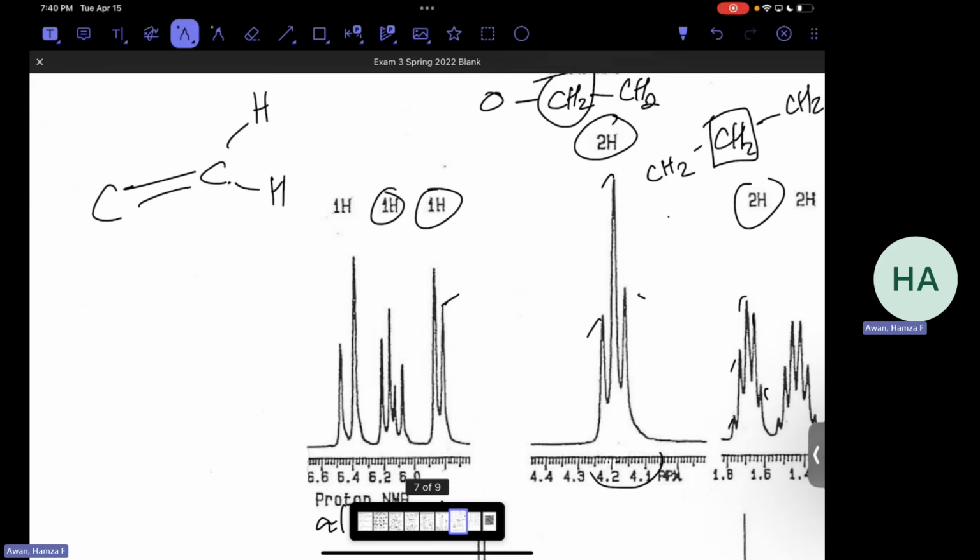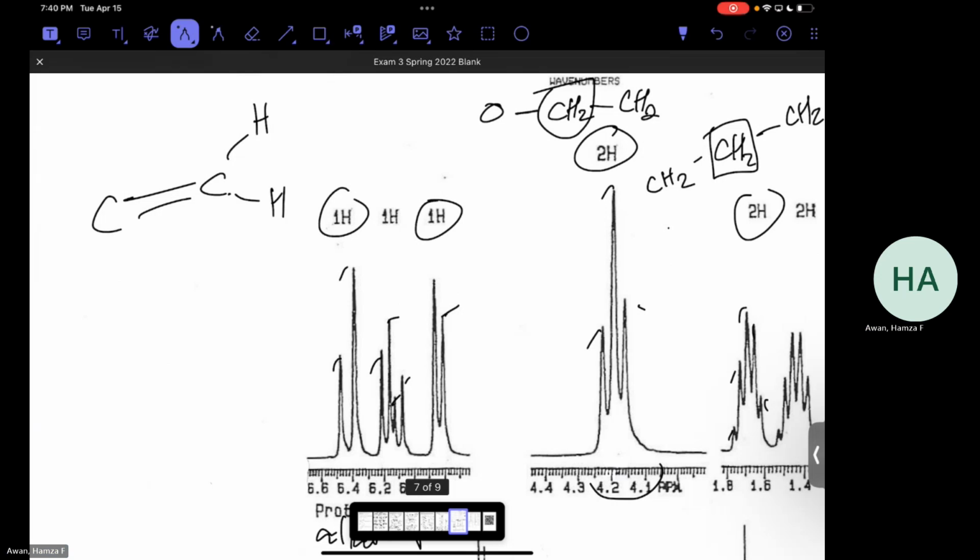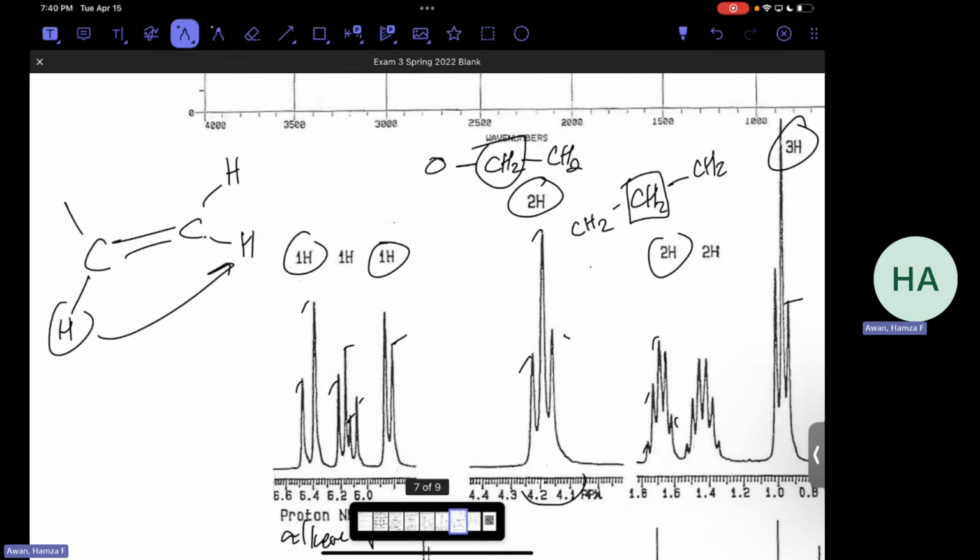The next hydrogen is connected to 1, 2, it has 4 peaks, which means it comes into... Oh, that's a little bit weird. Let's not worry about that. The next one, we know how to do this. This hydrogen is going to have one hydrogen in its plane, which means it's bonded to something with zero hydrogens.